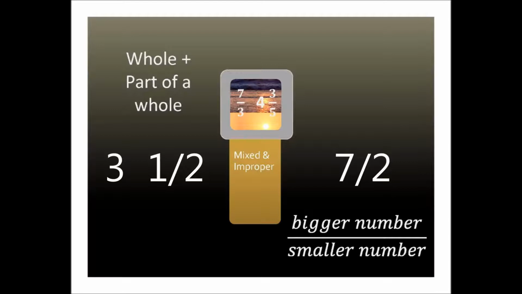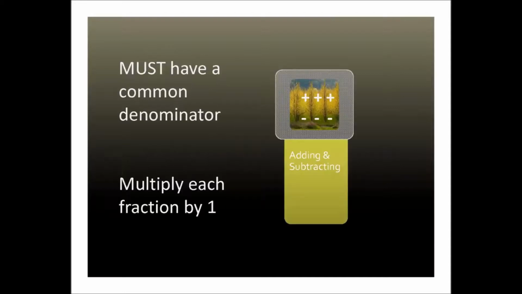The other thing you need to remember is that improper fractions are the bigger number is in the numerator or the top of the fraction, and the smaller number is in the denominator or the bottom of the fraction. So make sure to include that vocabulary and study up on those concepts if you're a little bit rusty.